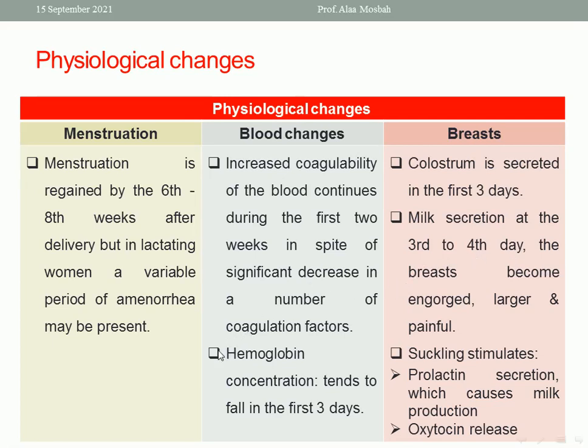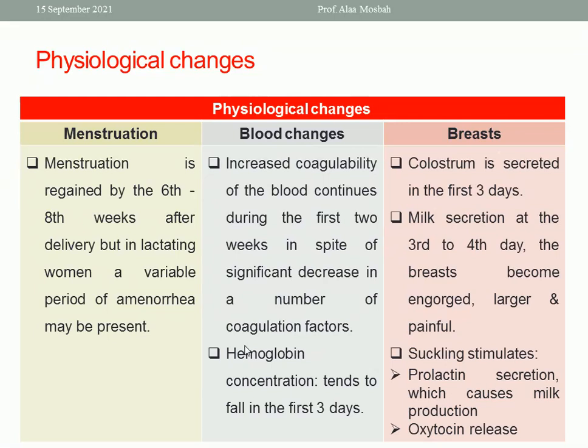Menstruation is regained by the 6th to 8th week after delivery, but in lactating women, a variable period of amenorrhea may be present. So you may expect for those with regular breastfeeding, there may be lactation amenorrhea, especially during the first 6 months after delivery.